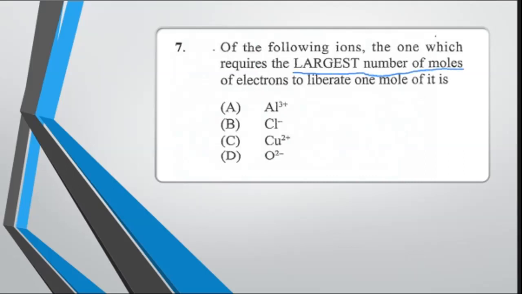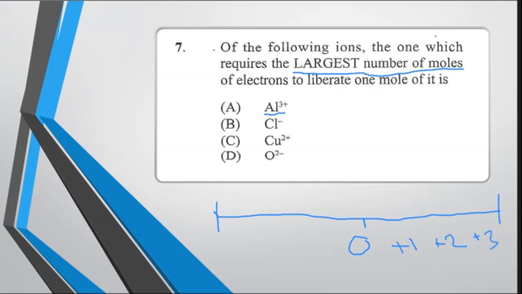Now, aluminum is Al3+. So if I were to draw my number line, in the middle here I would have 0. Going this way, it's +1, +2, +3. So to produce aluminum +3, I would need to lose 1 electron, 2 electrons, 3 electrons.